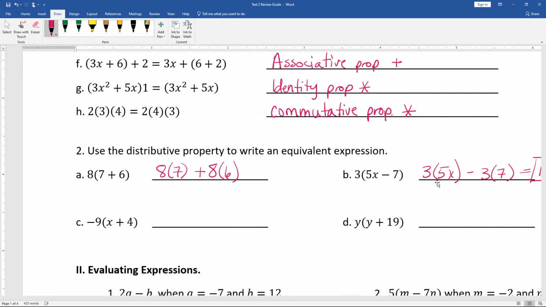All right, what about C? Yep. And you can put the parentheses, just make sure you take them away when you're done. Right, so we can still simplify the second term. So we have negative 9x. And then what is negative 9 times 4?